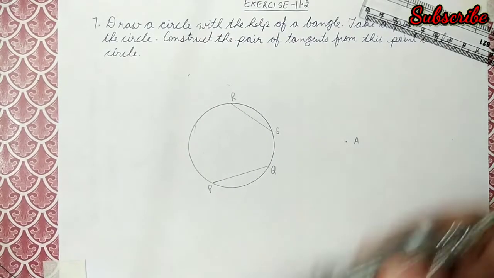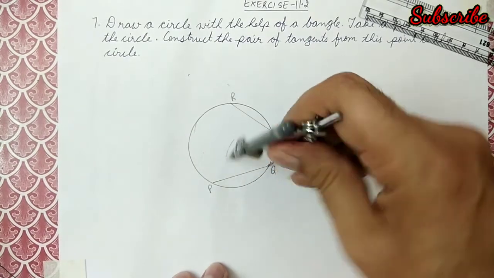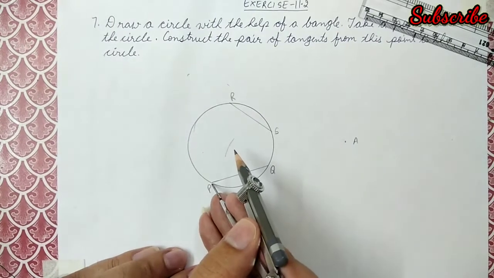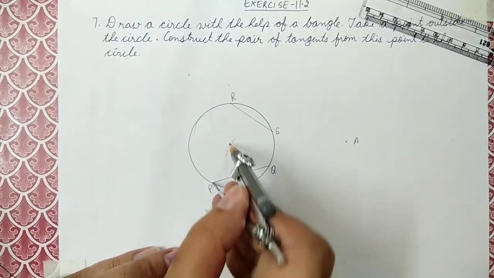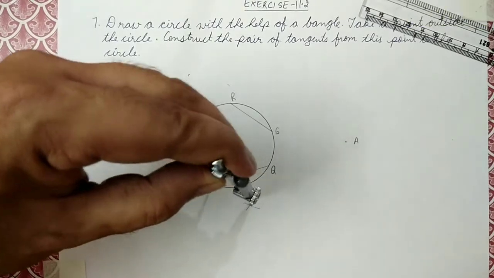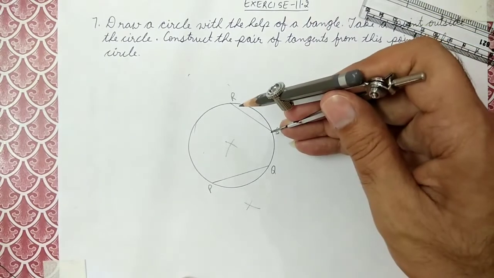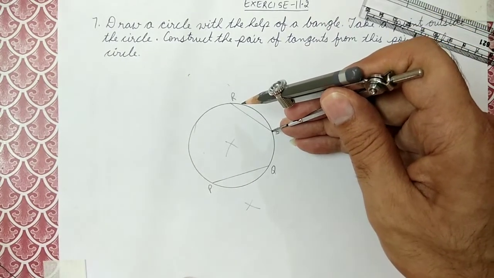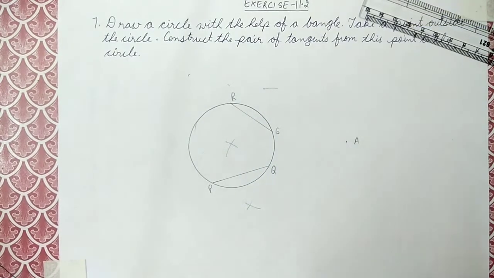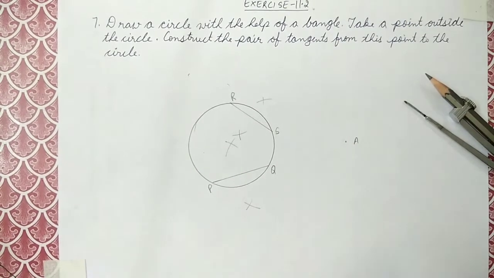Obviously we just open the compass more than half, and then from the 2 endpoints, so this is we get the perpendicular bisector of PQ, and then we draw the perpendicular bisector of RS in the same way. Okay, I've already drawn the perpendicular bisector of RS now.